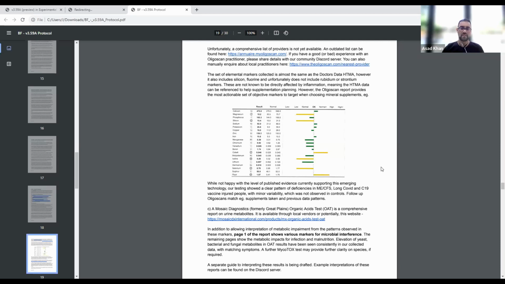Right. But look, the Oligoscan reports, I'm quite comfortable with. I think iron possibly is optimistic. I think it's generally higher than if we were to do a calculation for systemic iron, like iron transfer and saturation.